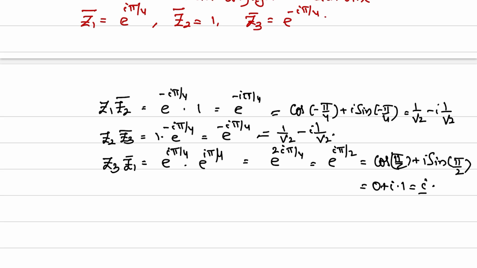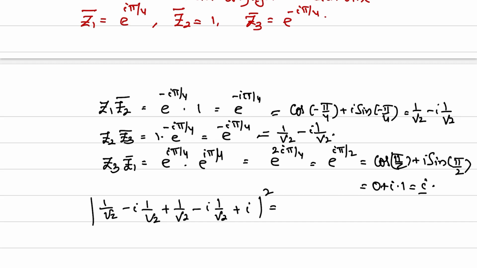Now, this plus this plus this, what will it be? 1 by root 2 minus i into 1 by root 2 plus 1 by root 2 minus i into 1 by root 2 plus i, whole square.